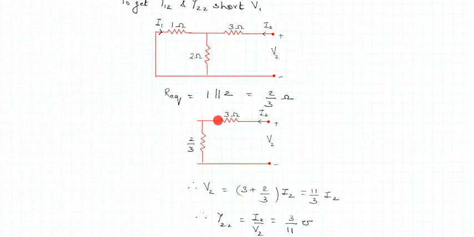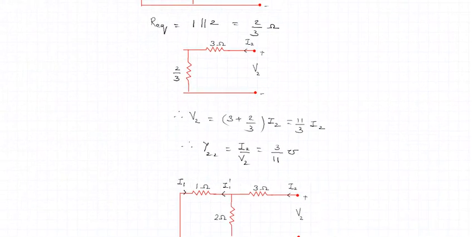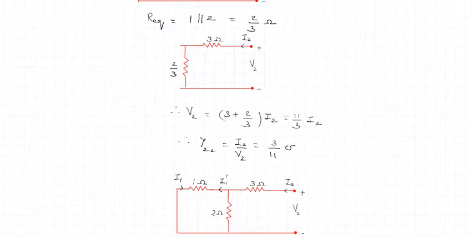Applying KVL to this loop, we get V2 in terms of I2, the current which flows here, and we know that Y22 is the ratio of I2 by V2. We calculated V2 by I2, and it turns out to be 11 by 3. We are interested in I2 by V2, so we need to take the reciprocal of this, which is 3 by 11 mho.